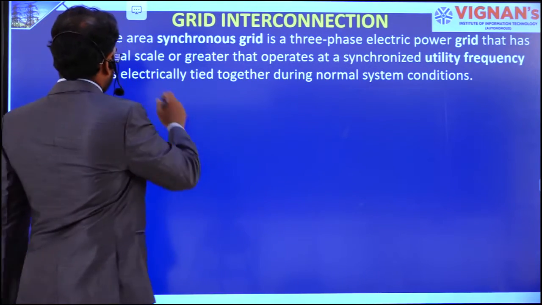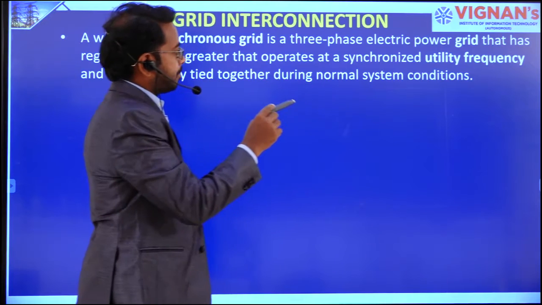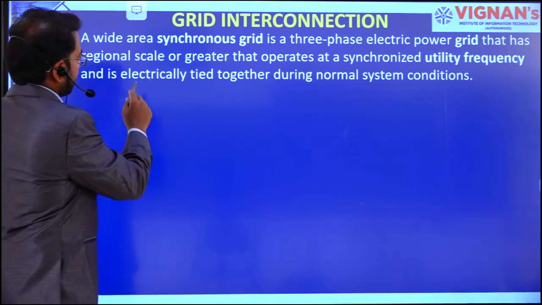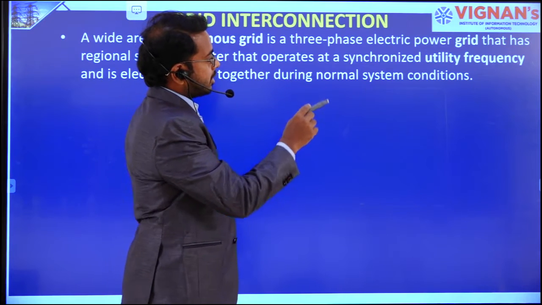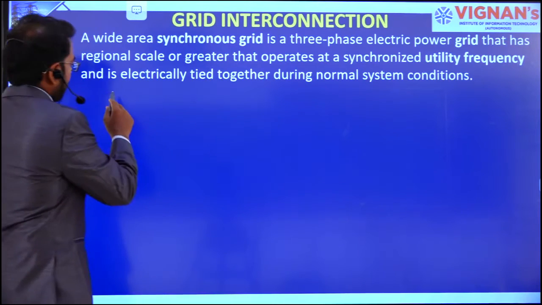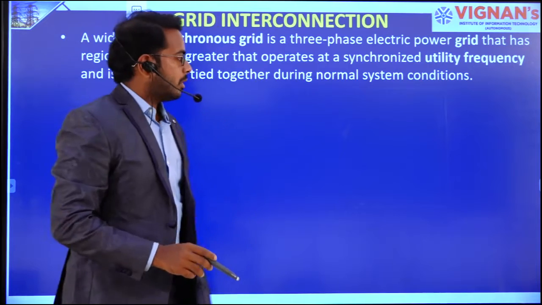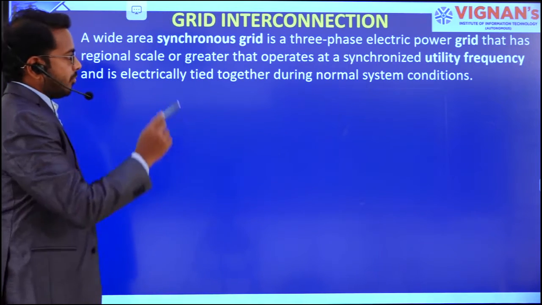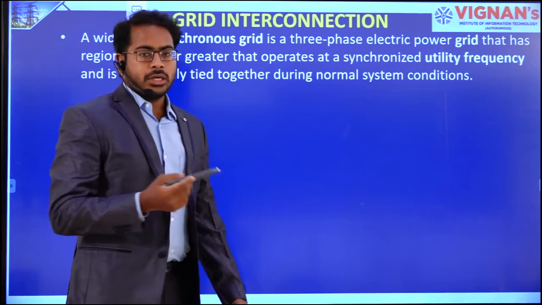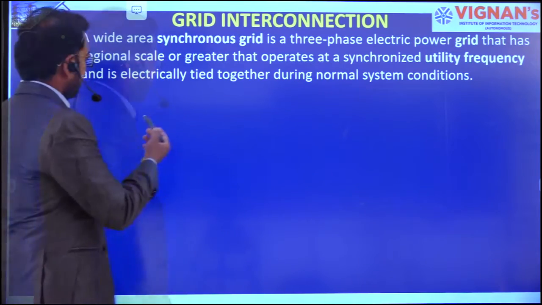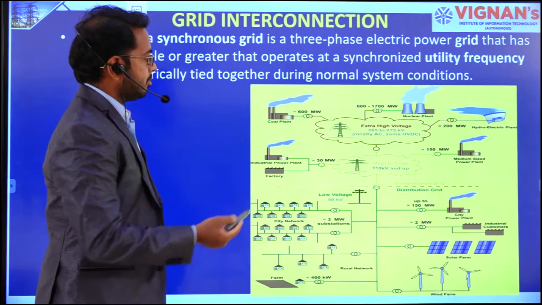A wide area synchronous grid is a three-phase electric power grid that has a regional scale or greater, that operates at a synchronized utility frequency and is electrically tied together during normal system conditions.